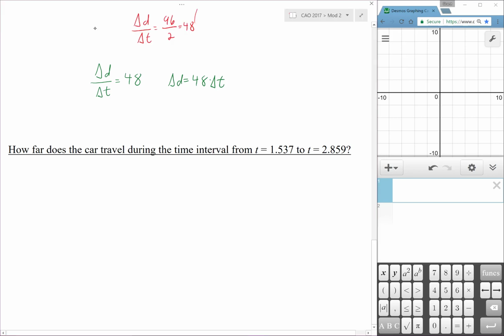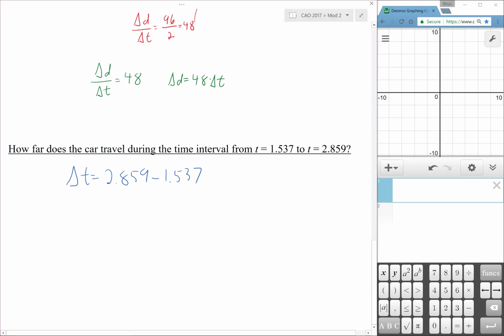So let's look at the following question. How far does the car travel during the time interval from t equals 1.537 to t equals 2.859? Now, over this interval of time, the change in time is equal to the final time minus the initial time, so 2.859 minus 1.537.